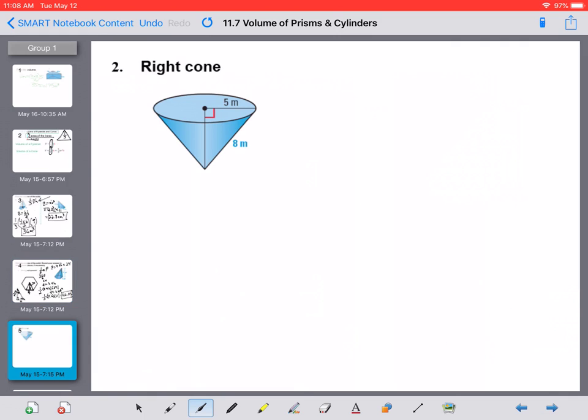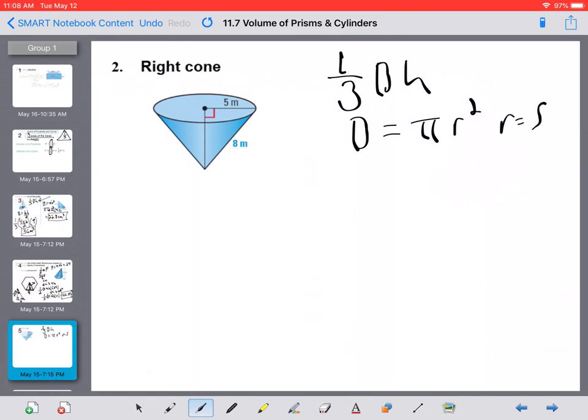Here's another example with just a cone. Now again, the base is going to be that circle. So we need 1/3 big B H. Big B is equal to pi times radius squared. The radius is 5, so pi times 25 equals 78.5.